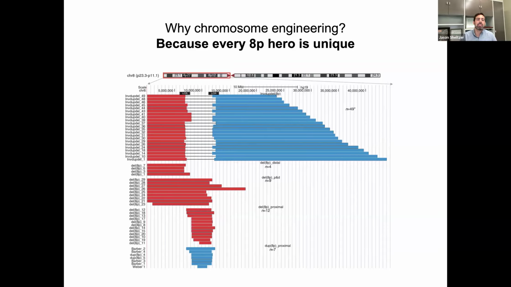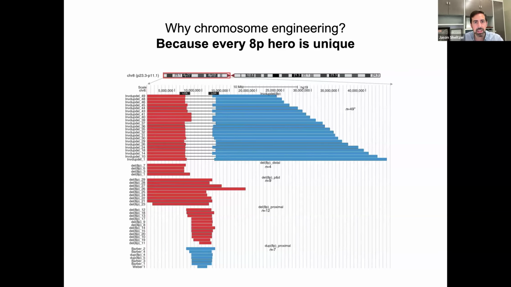And so, if we were able to develop an approach that would, broadly speaking, restore a normal karyotype and restore a normal copy of chromosome 8 to cells that had all sorts of different arrangements on chromosome 8p, that could potentially be beneficial for and address all sorts of different rearrangements, where a single gene approach might help some individuals with 8p syndrome, but because of the diversity of rearrangements that we see, it wouldn't be broadly applicable for all rearrangements.